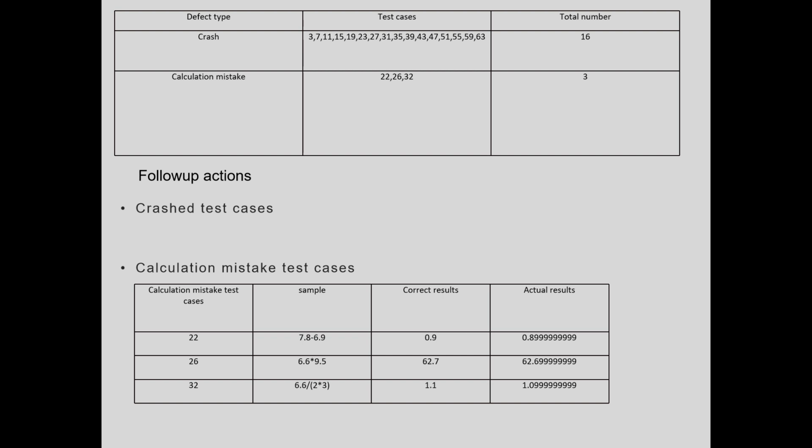Second, for those three calculation mistake test cases, they have common characteristics too. Their results are very close to the correct results. The error is close to zero. Here is the detailed table for these three calculation mistake test cases.